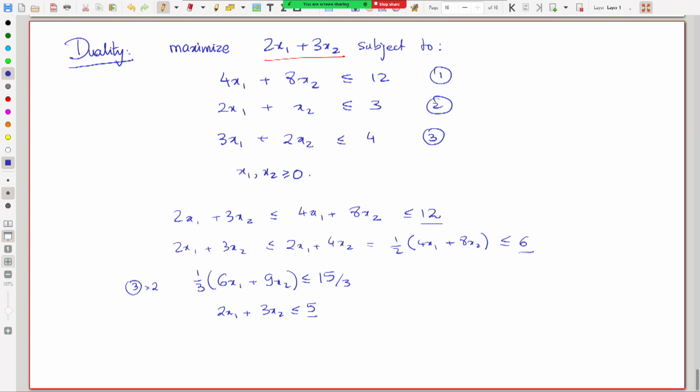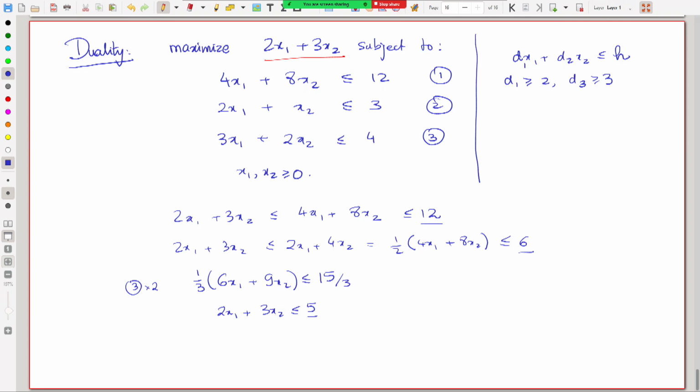So what are we doing here? We are trying to derive an inequality, something like d1 x1 plus d2 x2 is less than or equal to h, where d1 is greater than or equal to 2 and d2 is greater than or equal to 3.